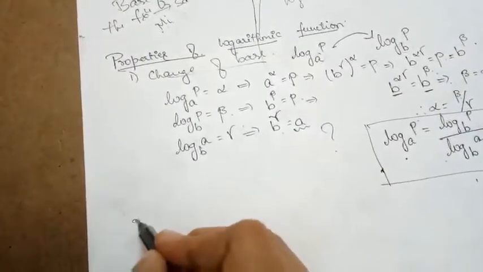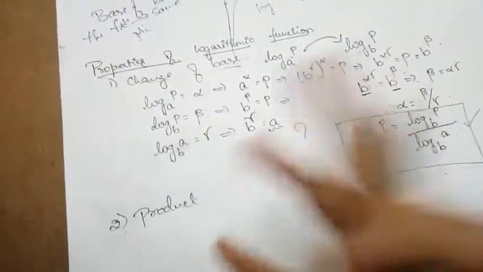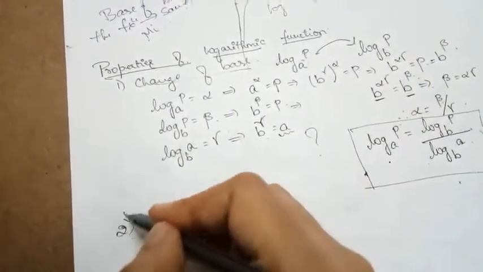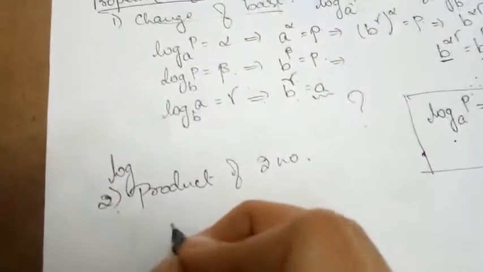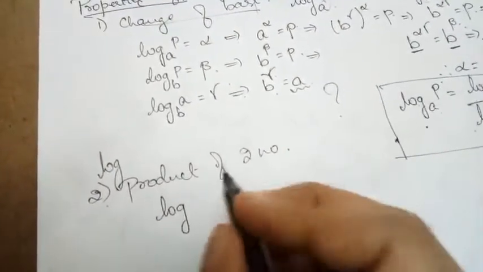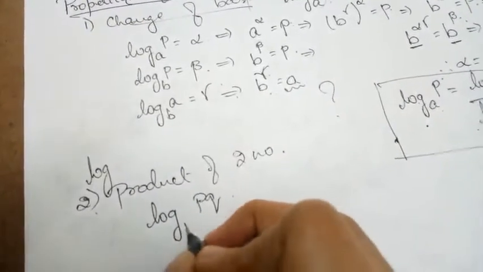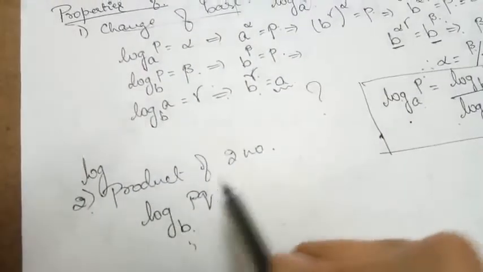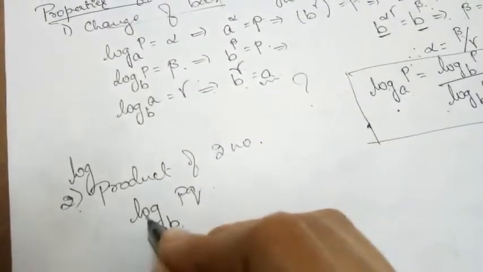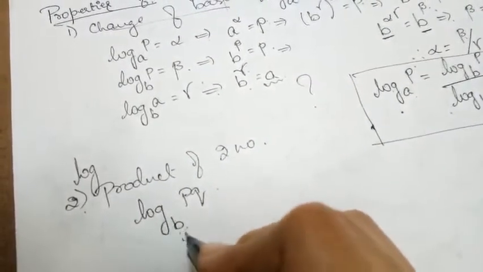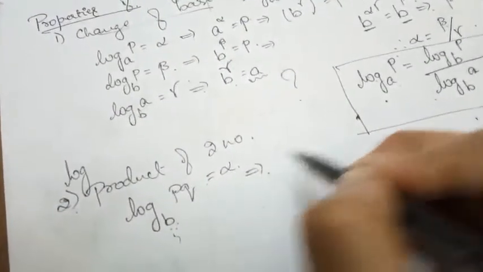The next property is based upon the logarithmic product of two numbers. We are going to find the logarithm of the product of two numbers, p and q, with respect to the base b. Suppose I consider log base b of pq as alpha, what does that imply?